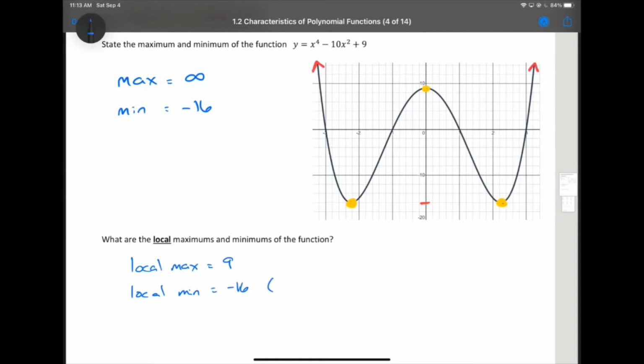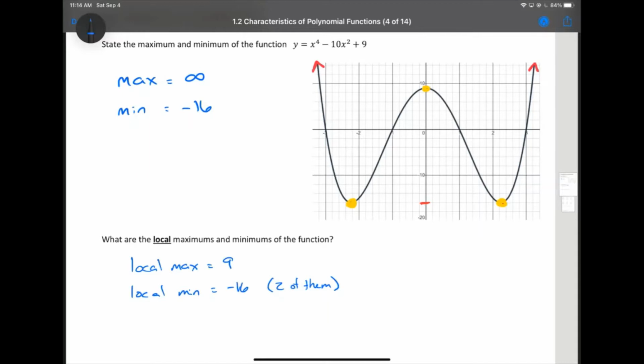And I'm going to make a little note here. There's two of them, because there are actually one local maximum and two local minimums. The fact that the two local minimums happen to be exactly the same value doesn't change anything. There are still two local minimums.